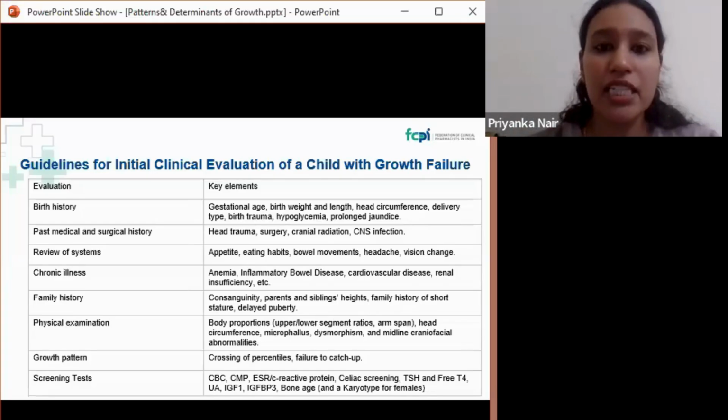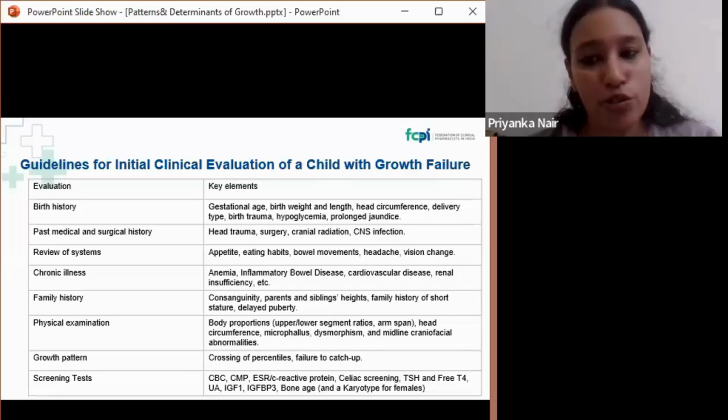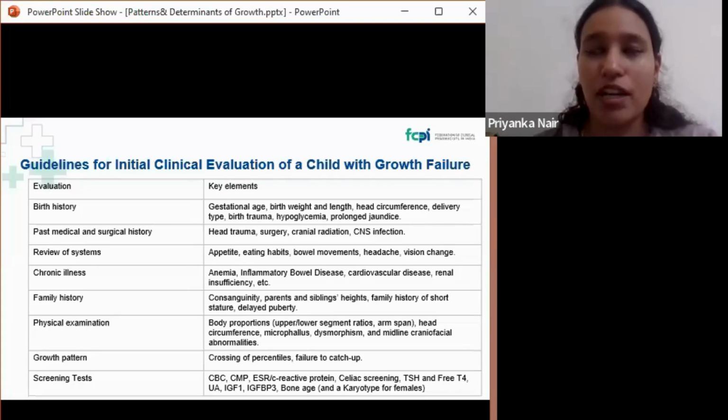Consanguinity is if the parents are related by blood, it will lead to a lot of genetic conditions, which we have seen in a lot of disorders. Then parents' and siblings' height also affects the child's height. Family history of short stature, delayed puberty should also be confirmed.